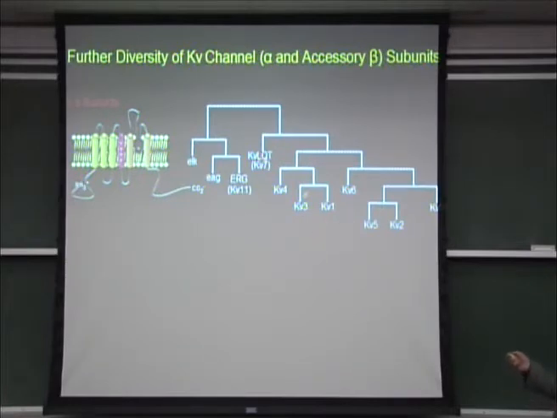So individual subunits of the KV1 subfamily, for example, can combine with one another, but they don't co-assemble with members of the KV2 family. So there are some rules, and that's linked to specific sequences primarily, but not exclusively in the N-terminus.